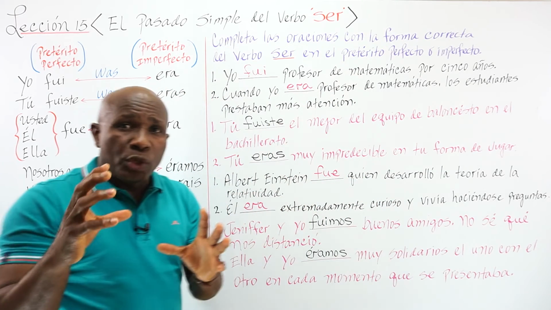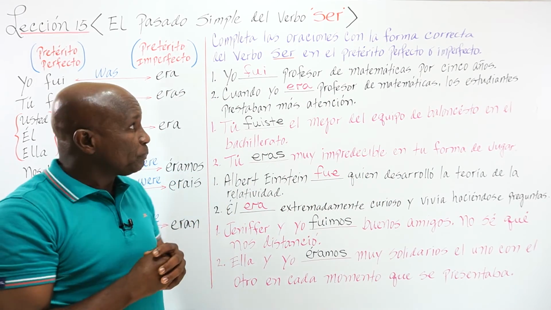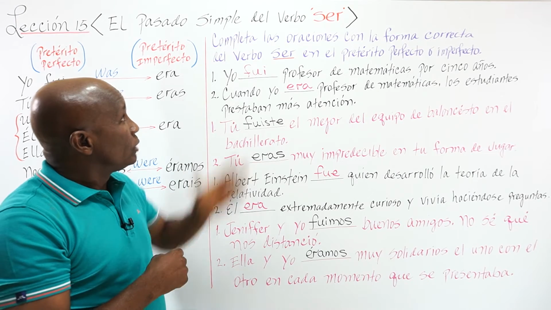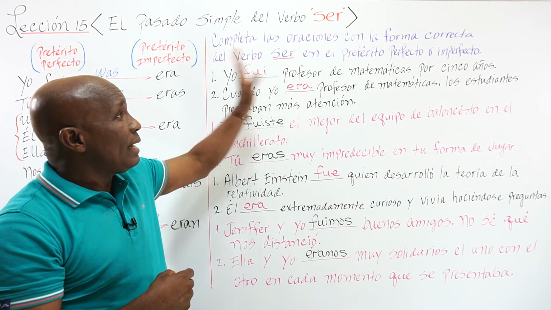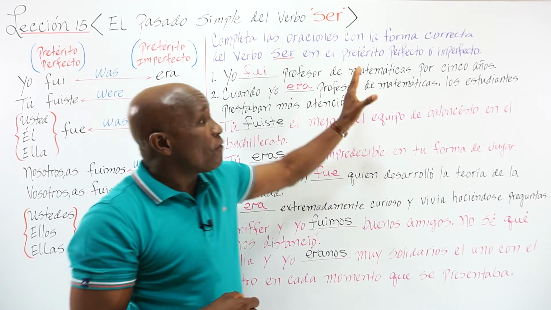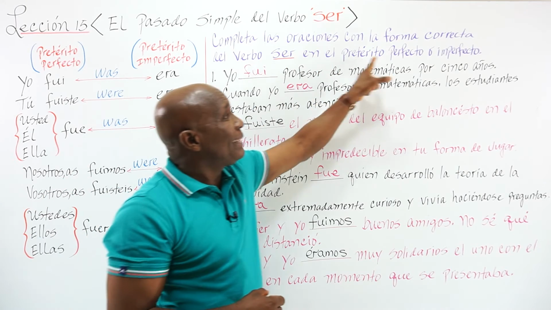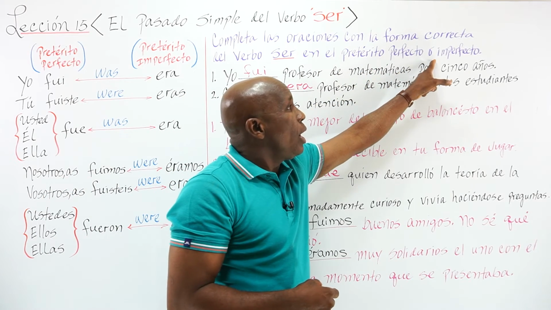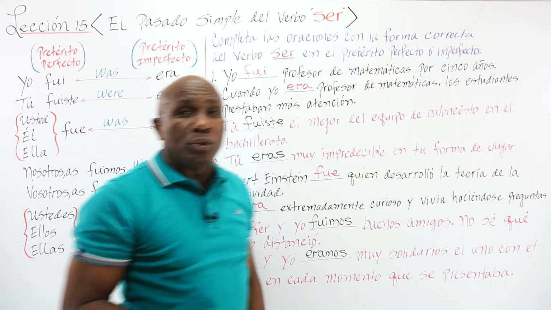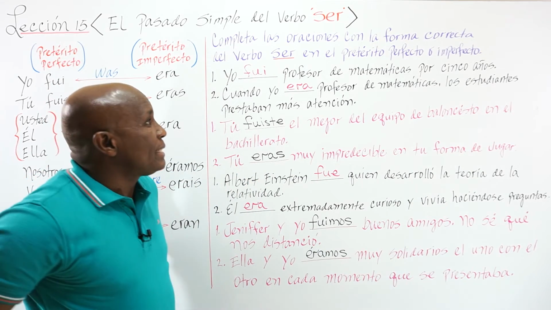You will grasp it better now. Look, the command here. Completa las oraciones con la forma correcta del verbo ser en el pretérito perfecto o imperfecto, right? So let's see.